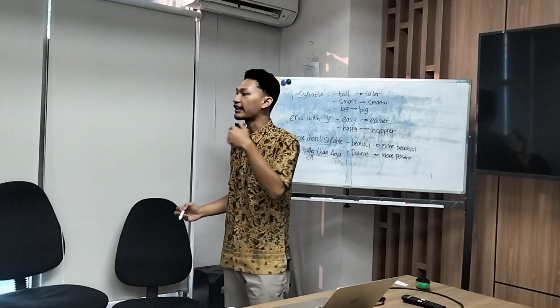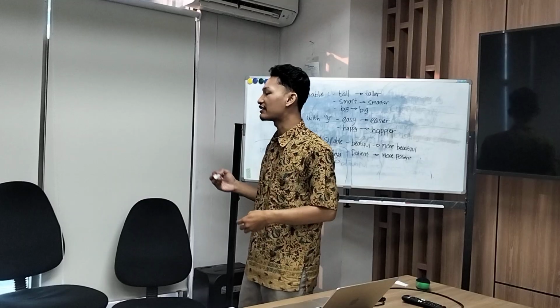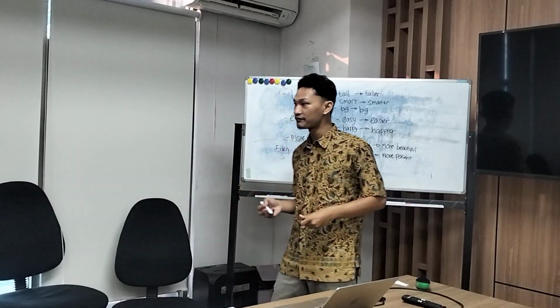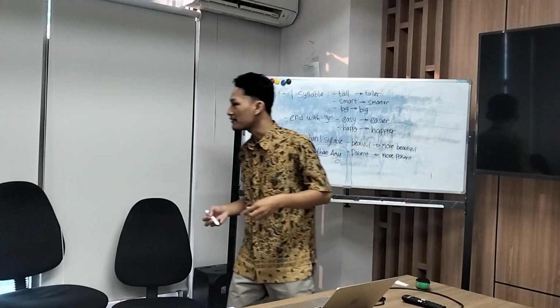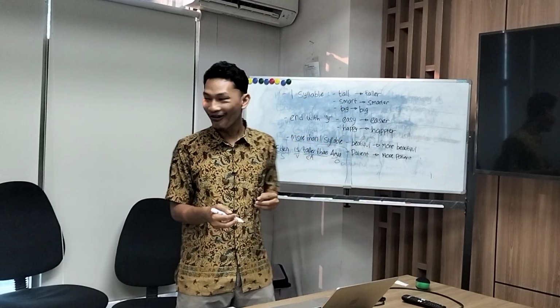So what is the next example? Maybe Eden or Arya, you can give me an example. What is it, Arya? Oh, Arya is more handsome than Eden. Do you agree with that, Eden? But it's correct.